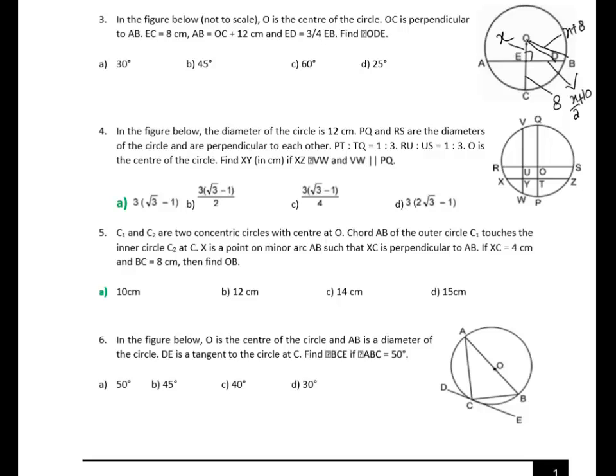The moment you find x, you can find the value of ED, because ED is 3/4 of EB. But it is still difficult to find angle O, because we have no idea about angle EOD.